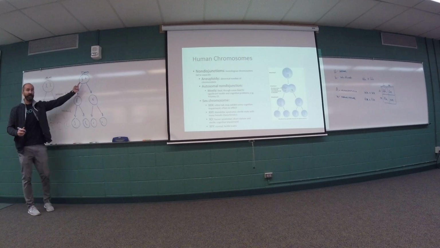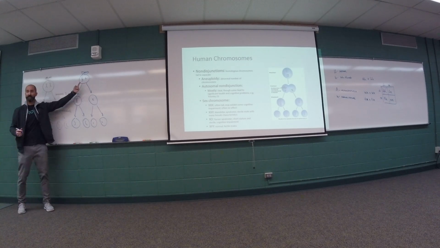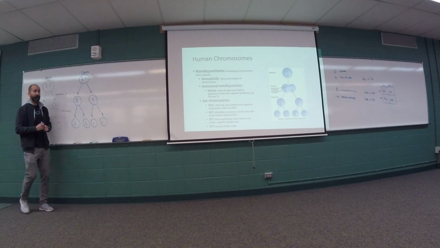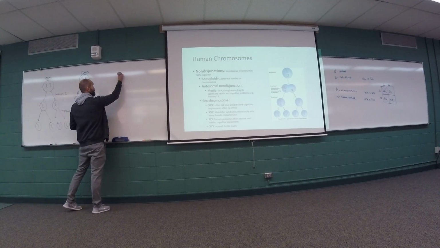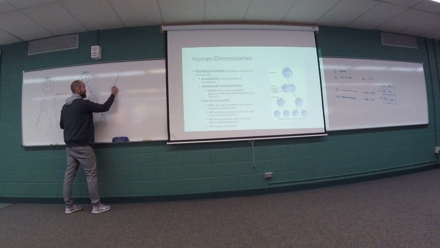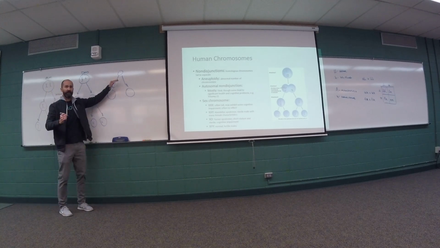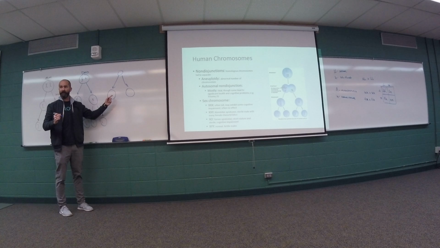Because if there's a non-disjunction event that occurs between meiosis 1 and the original mother cell, that cell is going to look something like this, right? Or that meiotic event would be something like this. If there's a non-disjunction event that occurs here, what's this cell going to inherit?